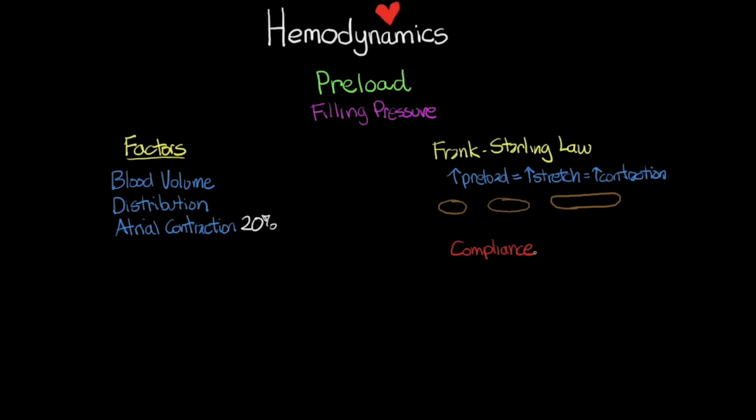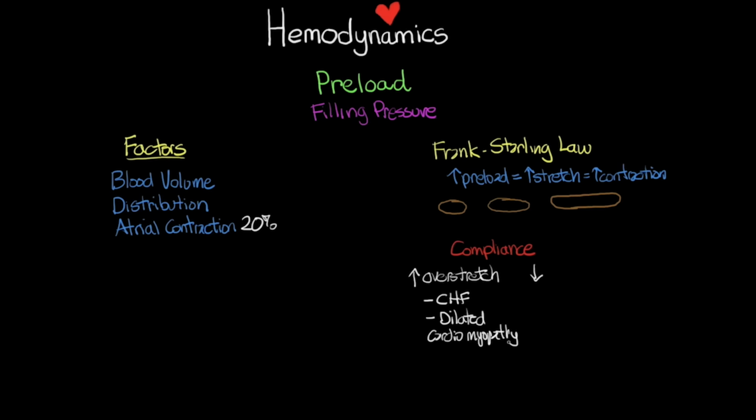compliance. And with compliance, there's two different things that we worry about. We can either have an increase in our compliance, or we can have a decrease in our compliance. An increase in our compliance is often referred to as overstretch. And this you're going to see in patients that have CHF or a dilated cardiomyopathy.